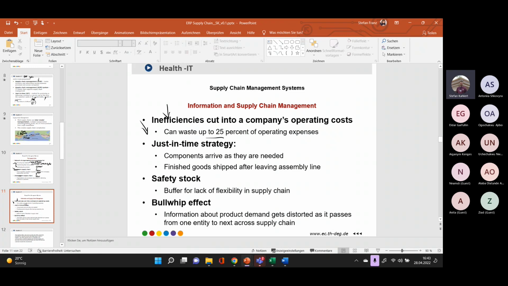And it's the same in IT. If you build up a network and you are missing router switches or you're missing fiber optics and you cannot connect to a wide area network, then you can't finish it, and it's a big problem. And this is why supply chain management is by far the most important part of an ERP system.